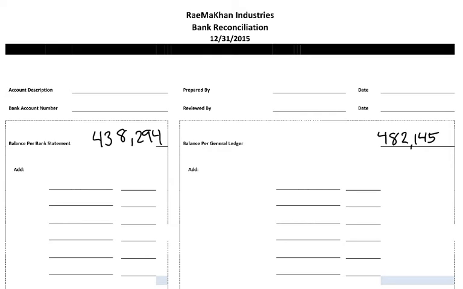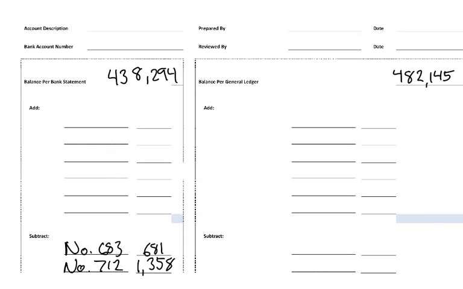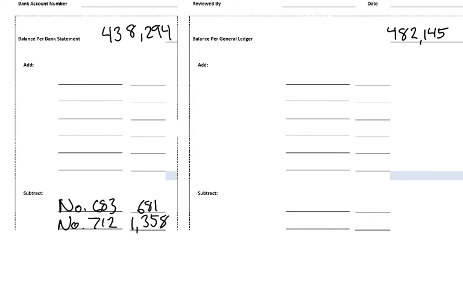However, the books need to be corrected for the error. So if we go down to the book subtractions, we're going to put error and $180.